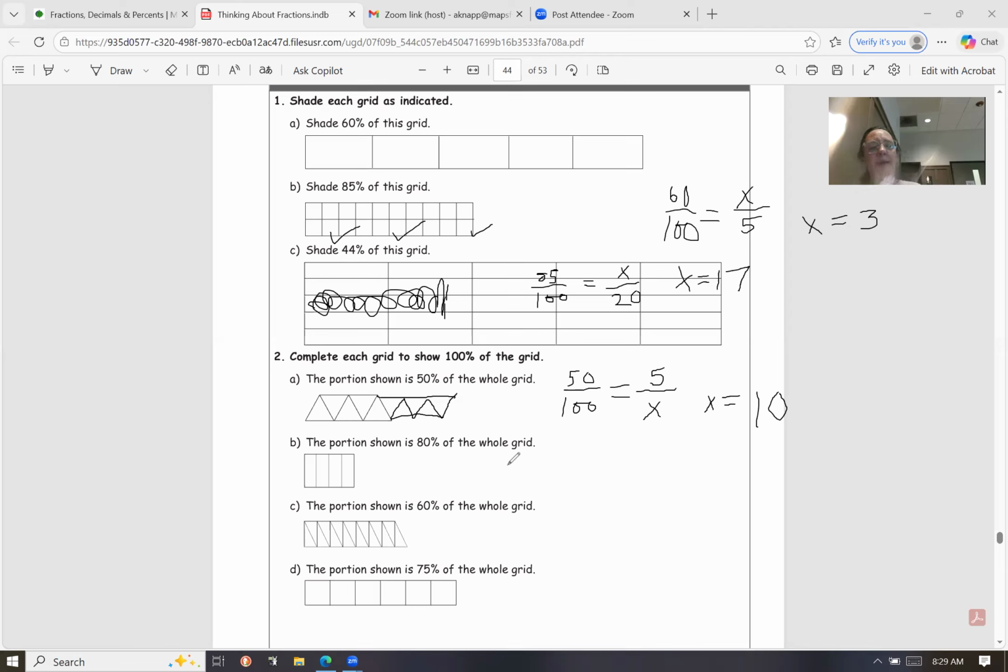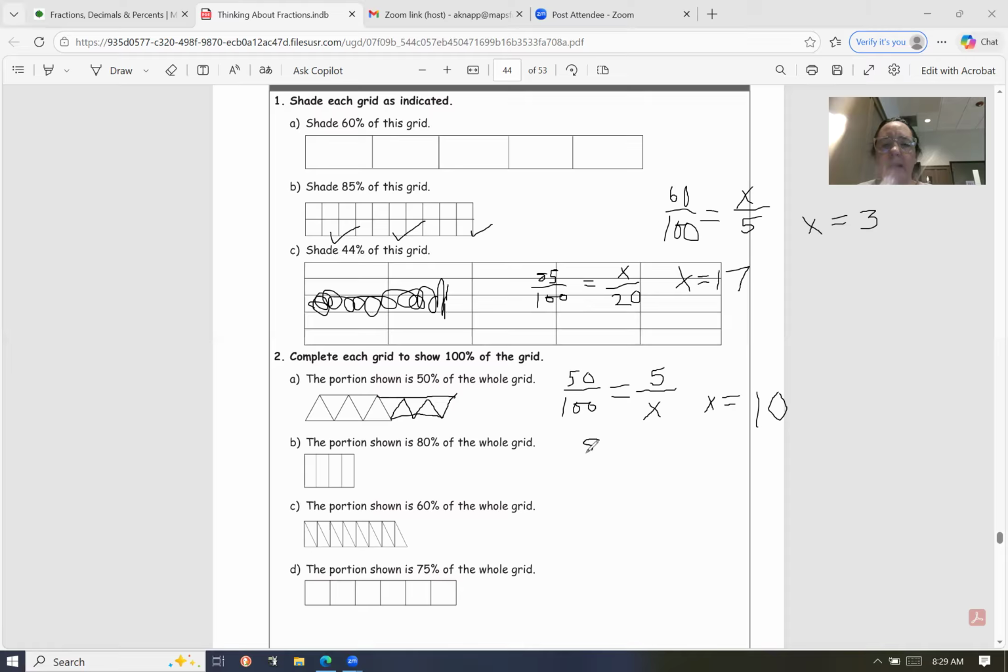Okay, let's think together about B. The portion shown is 80% of the whole grid. So if this is 80% of it, what would we need to put on there to make it 100%? How do we show 100% of the grid? I am seeing that we have 4 rectangles here.